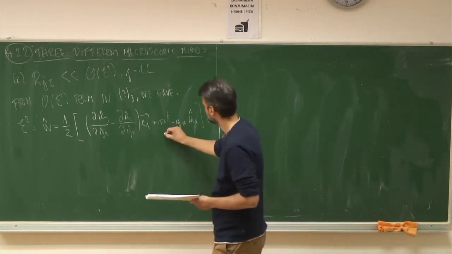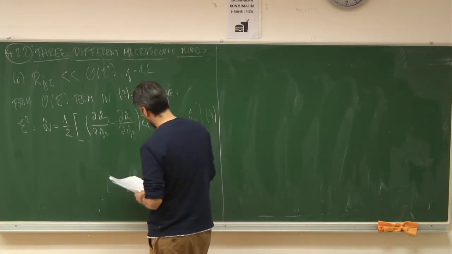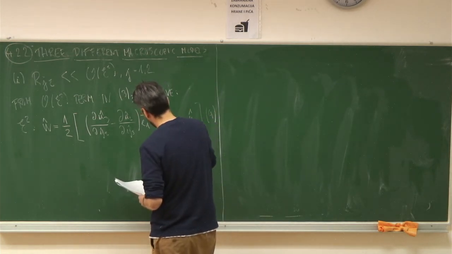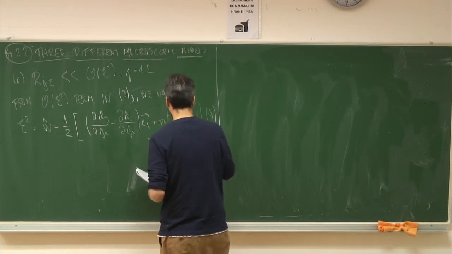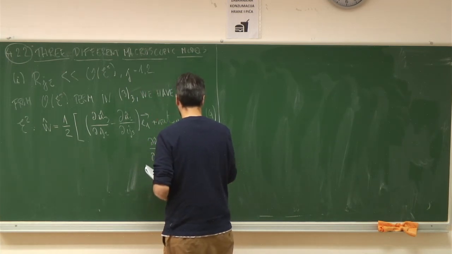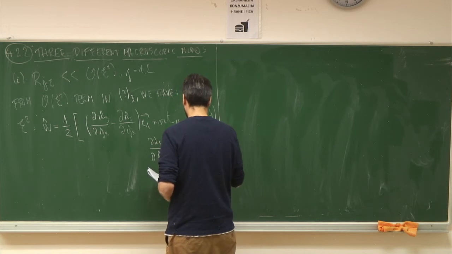I'll write it down. So this is basically du1 kappa over dy3 kappa E2 minus du1 kappa over dy2 kappa E3.